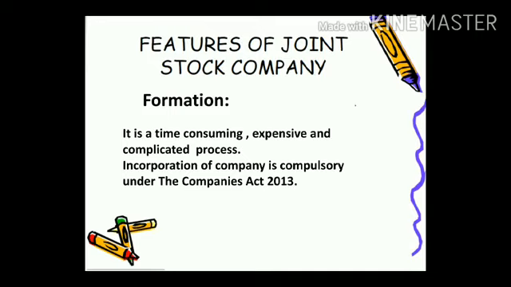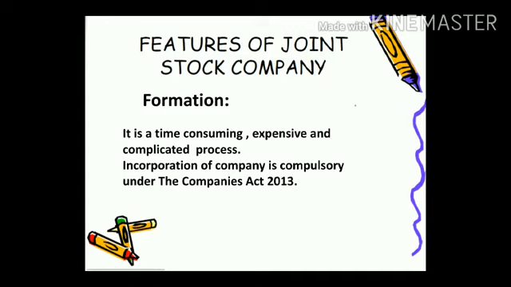When these formalities are completed and the registrar of companies is satisfied, he issues a certificate of incorporation. With the issue of this certificate, the company comes into existence. Incorporation of a company is compulsory under the Companies Act 2013.